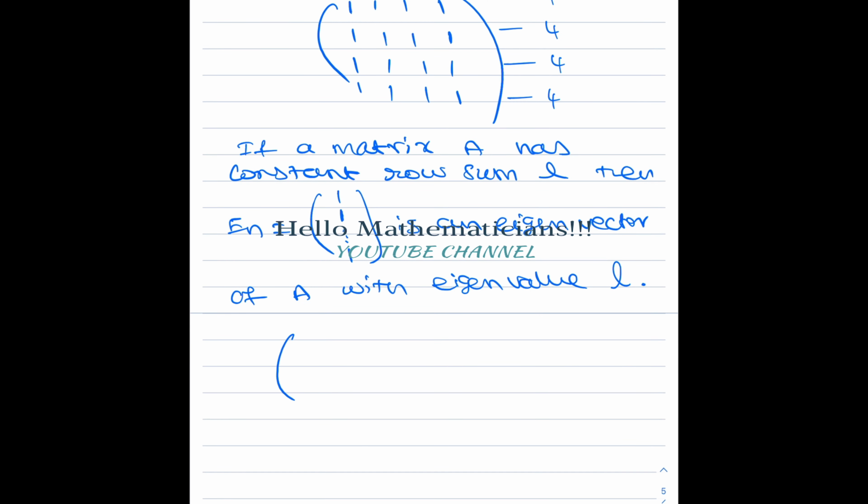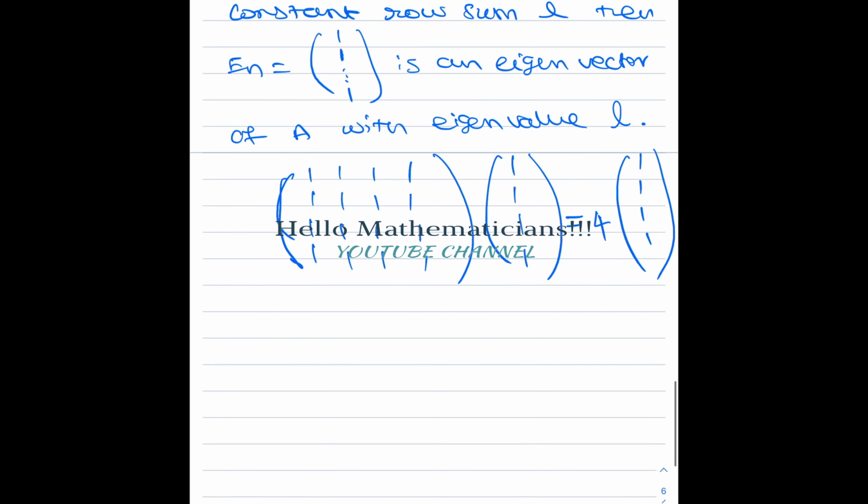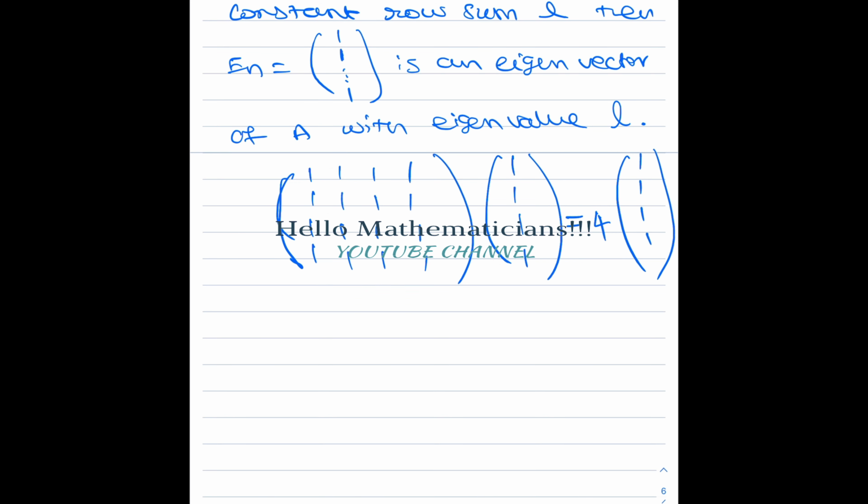For example, for the above 4 by 4 matrix, we claim that this vector is an eigenvector with corresponding eigenvalue 4. This is easy to see because it looks like Ax equal to lambda x.